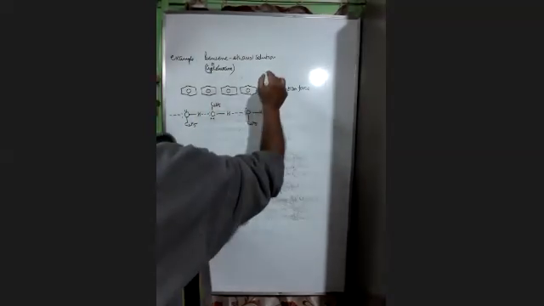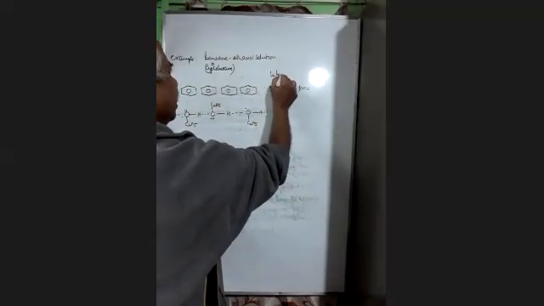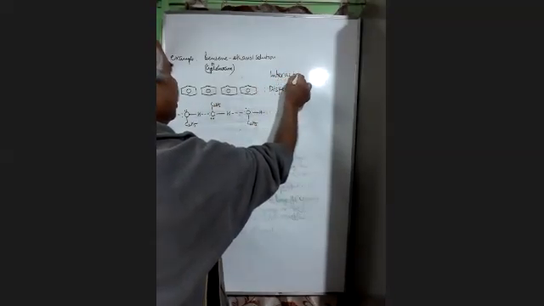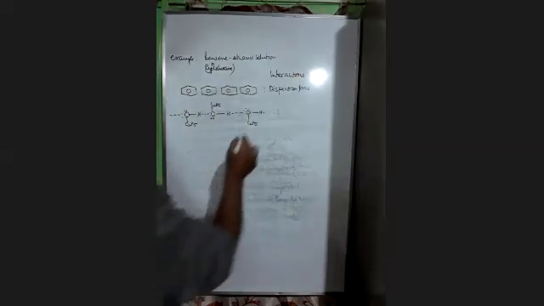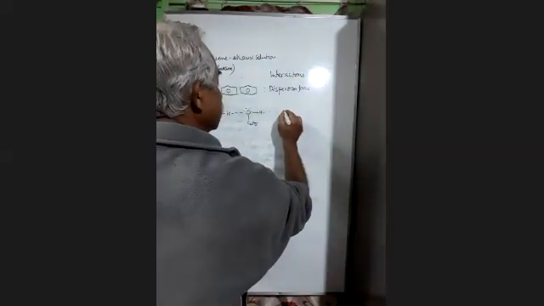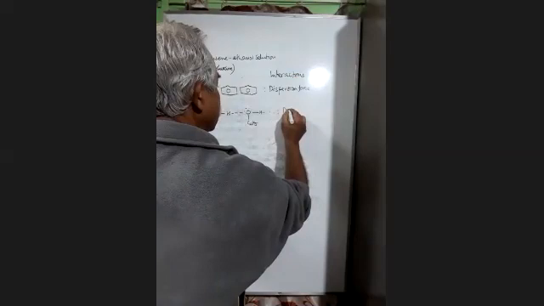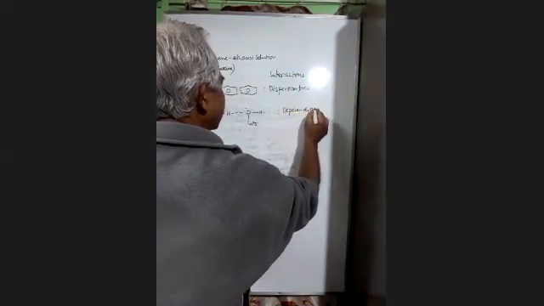So, what are the interactions it has? Ethanol molecule is a polar molecule. It has two interactions. One is dipole interactions.